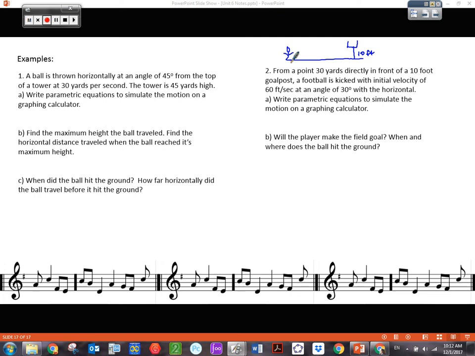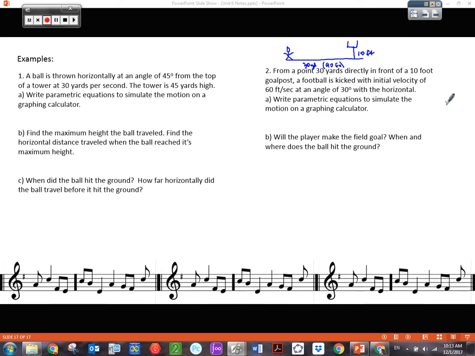I have great artistic ability, right? Sorry, that's about as good as I can get. So here we're kicking the field goal. This is 30 yards. But I actually would rather be in feet. Look, my velocity is in feet. So why don't we go ahead and change that 30 yards. That's going to be 90 feet.